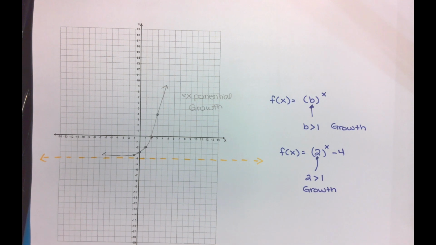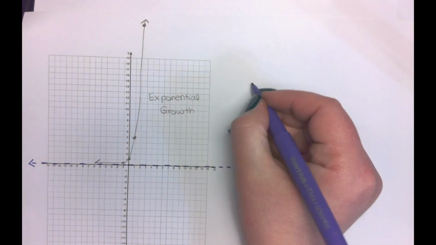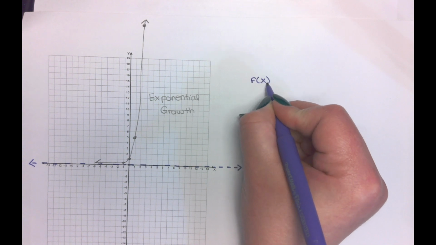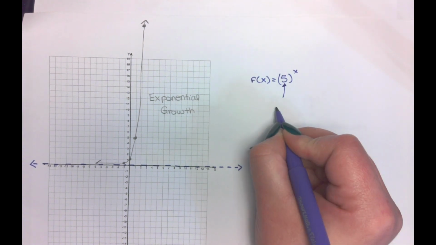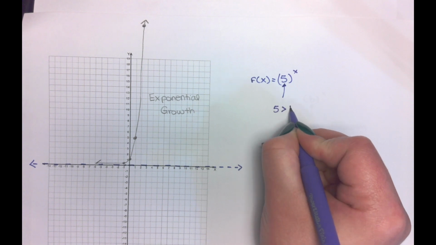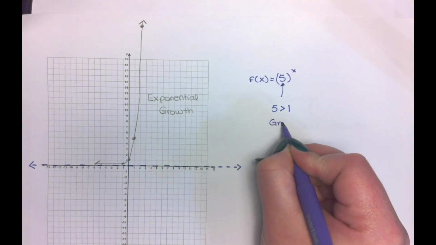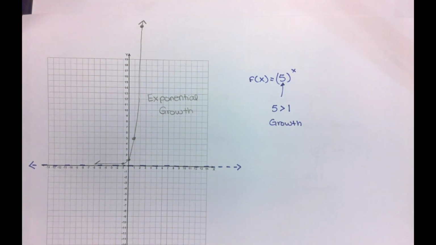If we take a look at example number 1, f of x is equal to 5 to the power of x. 5 is bigger than 1, so once again, we're going to have growth. You're taking a look at your b value, and if that b value is greater than 1, you're going to have growth.